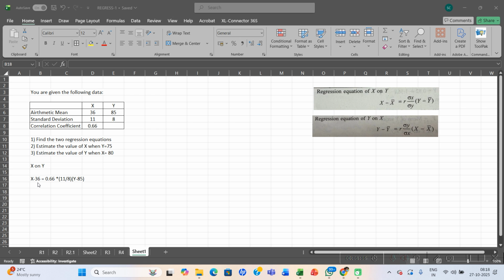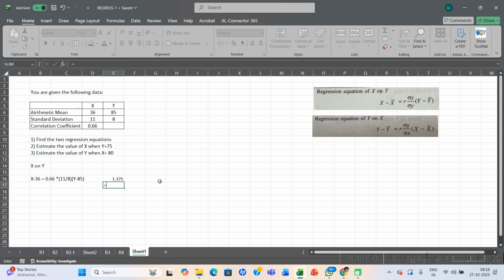So it is x minus x bar, and x bar is 36, equal to 0.66 multiplied by 11 by 8, multiplied by y minus 85. Let us find the value of 11 by 8. It is coming to be 1.375.